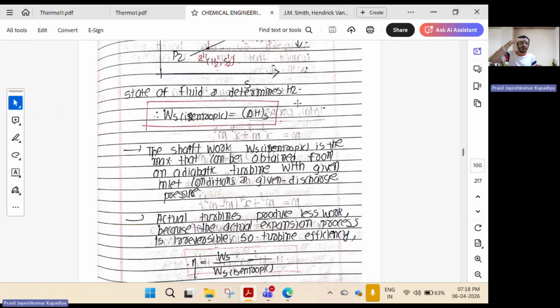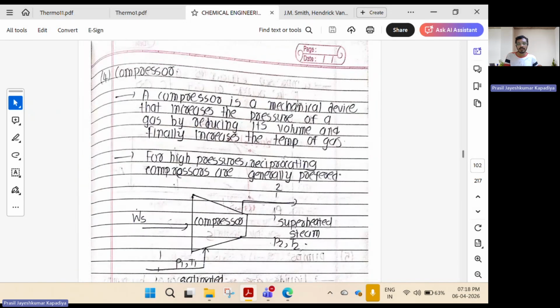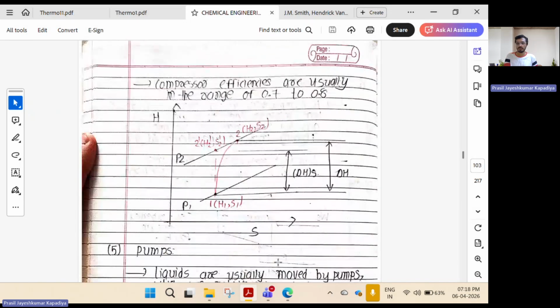Then for the turbine, it is the shaft work. Shaft work is the maximum work that can be obtained from an adiabatic turbine. And for the compressor, saturated steam is converted into superheated steam, and we follow this path. This is just the reverse of that.